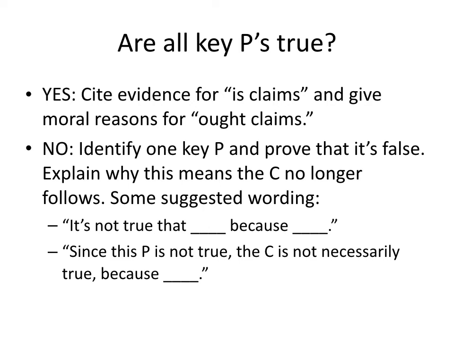If the premise makes an ought claim, then you need to give moral reasons why you think that ought claim should be accepted as true. And please be careful and thoughtful with how you do that. Don't be too quick, don't rush through it. Make sure you give an ample explanation as to why you believe that ought claim is compelling.